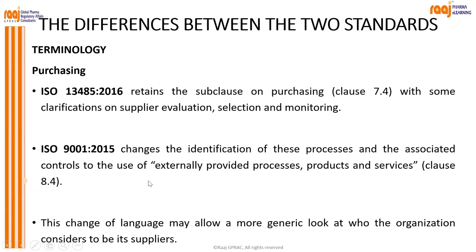That is, you can see clause 7.4 in 13485 and clause 8.4. So how is it correlated with this clause? This change of language may allow a more generic look at who the organization considers to be its supplier.